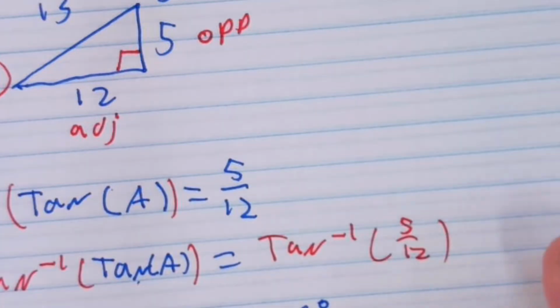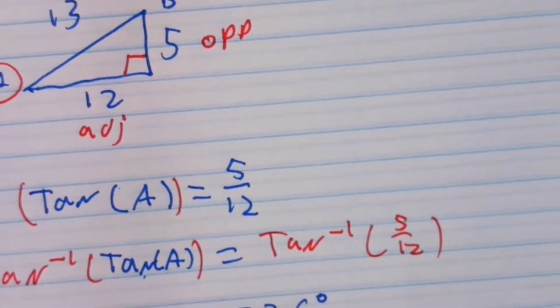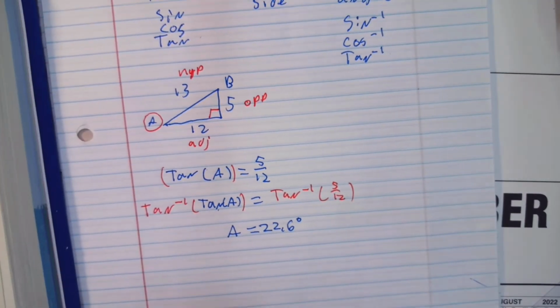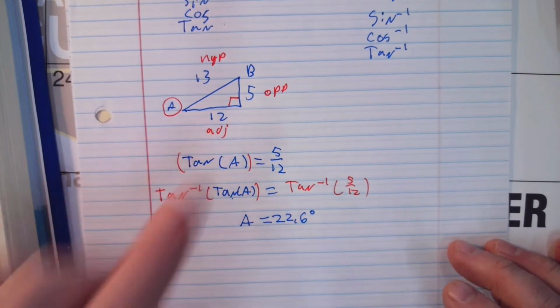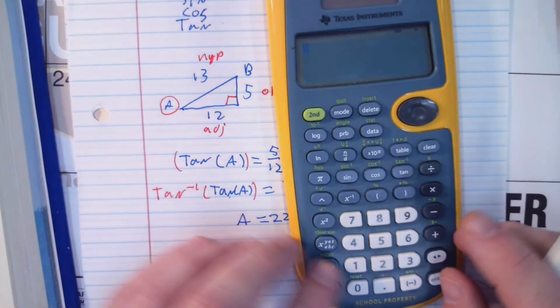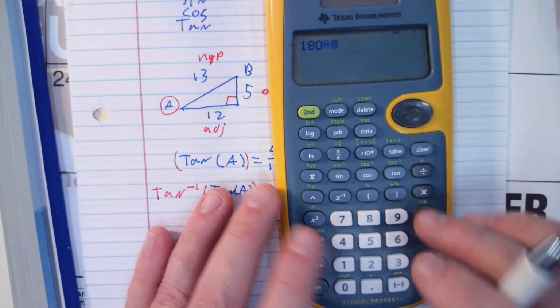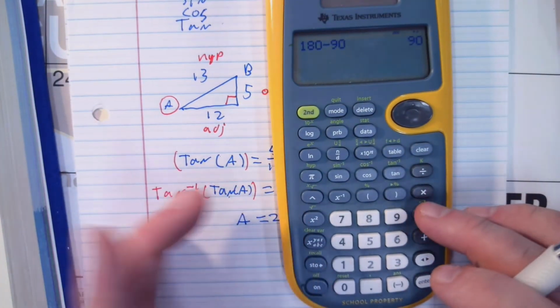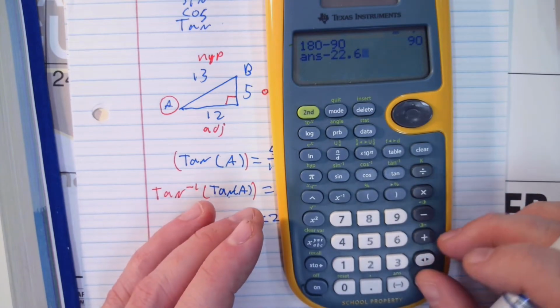Okay. Now let me unzoom. Okay, and do I have to do trig to find B? Or can I just do 180 minus 90 minus 22.6?